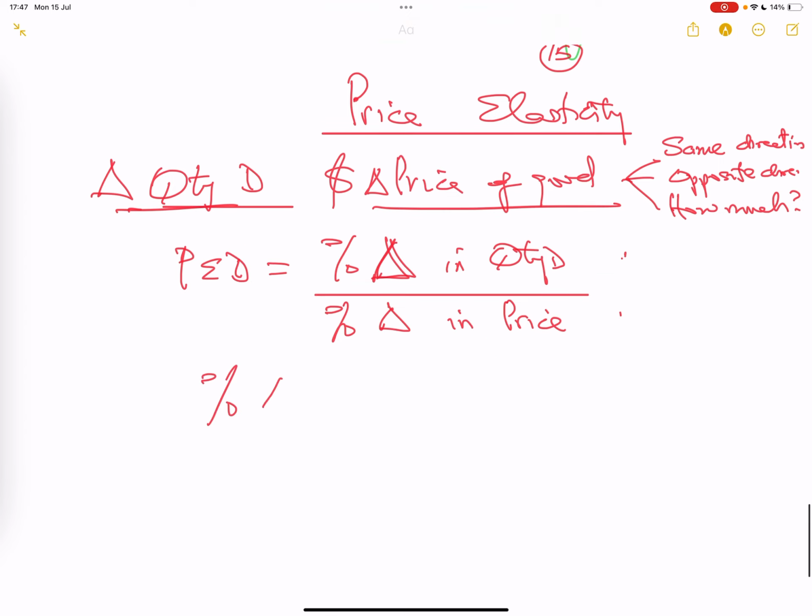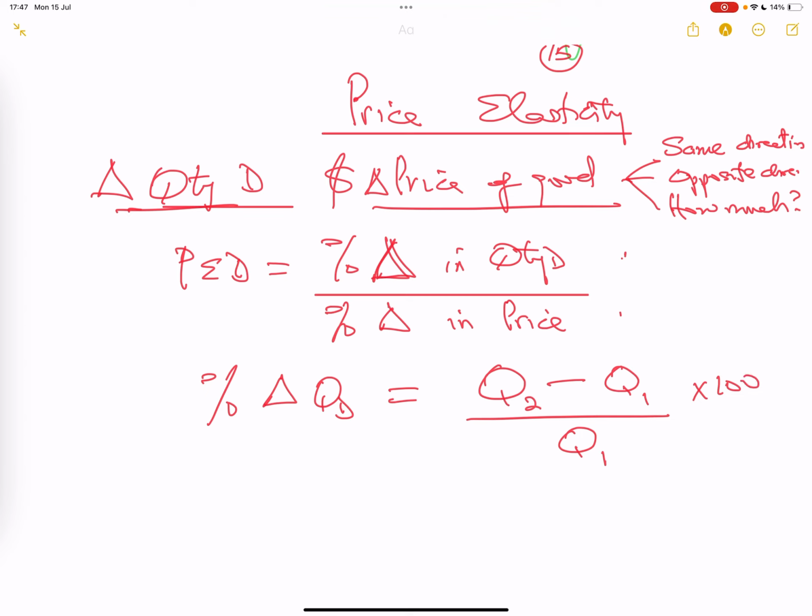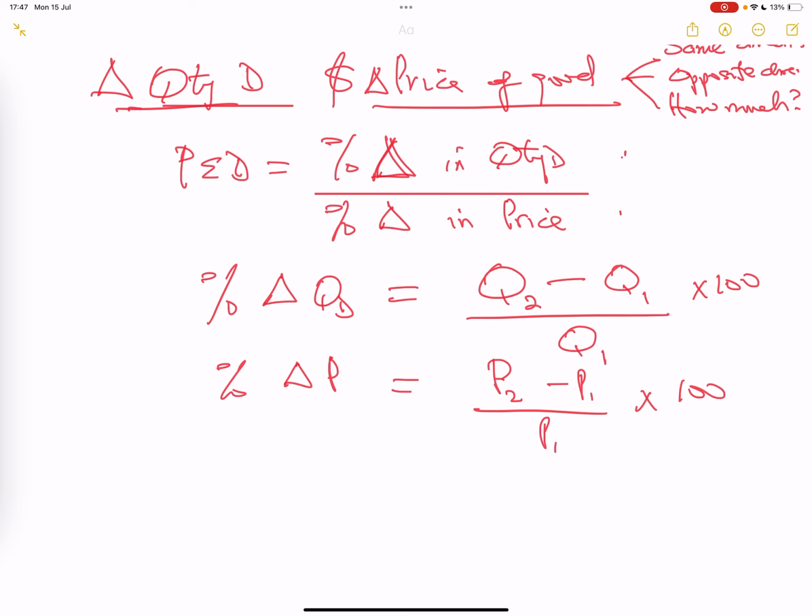So percentage change in quantity demanded is equal to the new quantity demanded minus the old quantity demanded divided by the old quantity demanded multiplied by 100. And likewise, percentage change in price is equal to the new price minus old price divided by the old price times 100. That is the simple way of calculating price elasticity of demand.